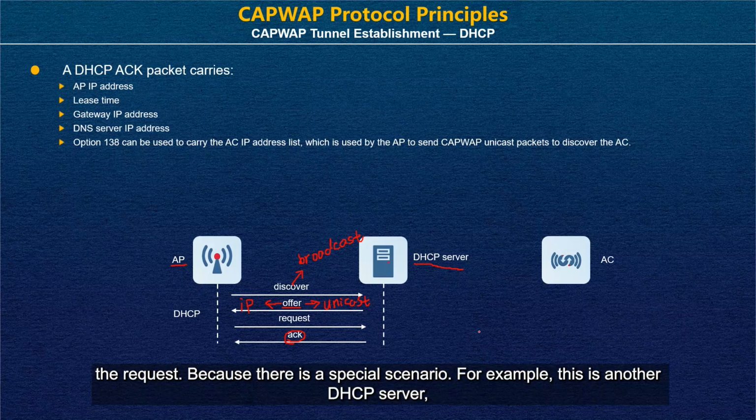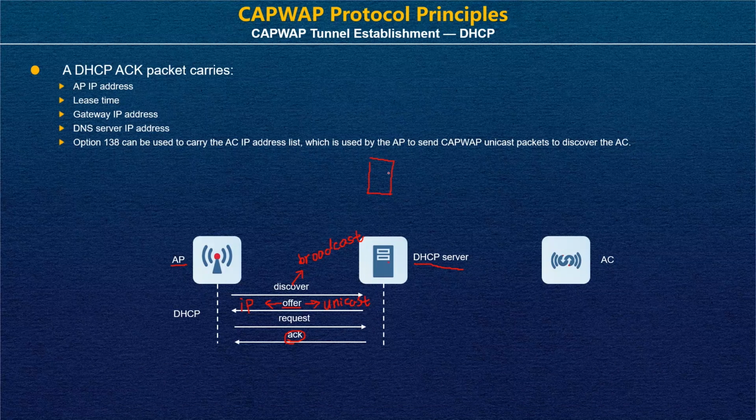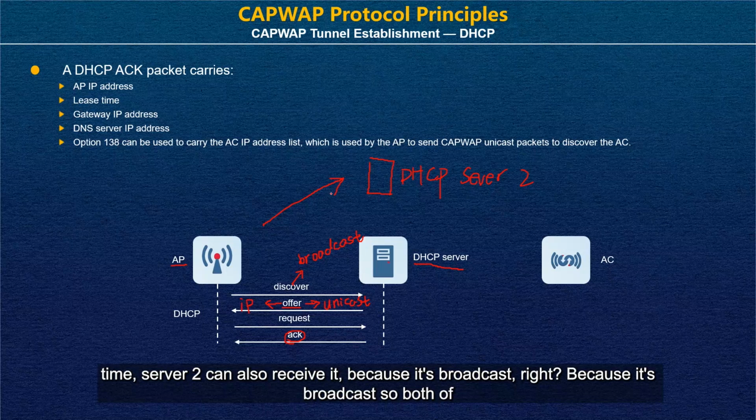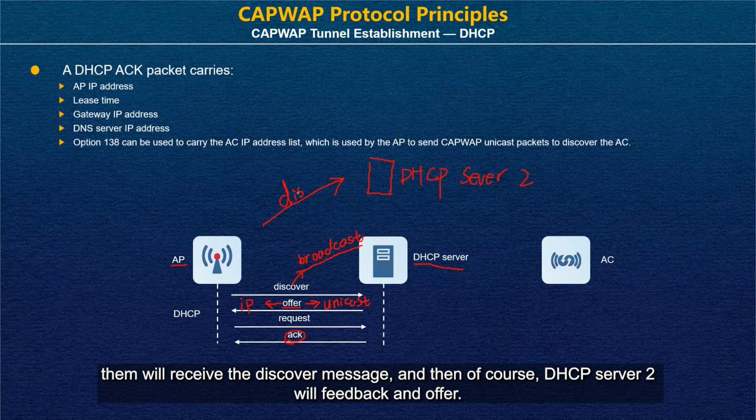For example, this is another DHCP server, DHCP server 2. The DHCP server will get the discover from the AP, and at the same time server 2 can also receive it because it's broadcast. Both of them will receive the discover message.